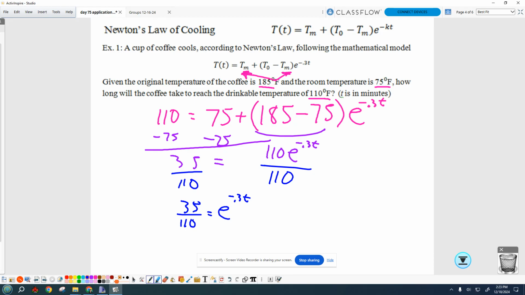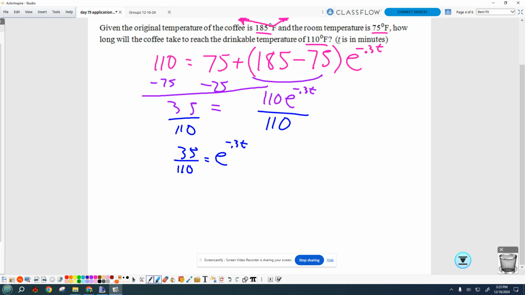Group 1, what do we do now? Convert it to log or ln or something else?